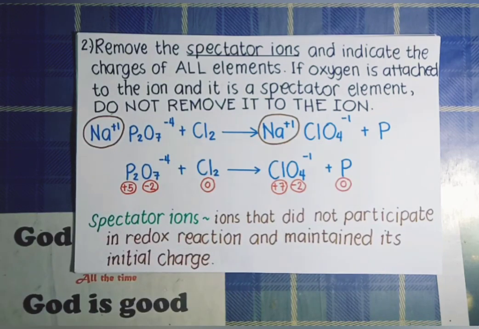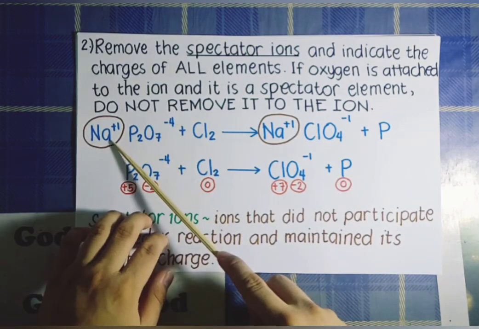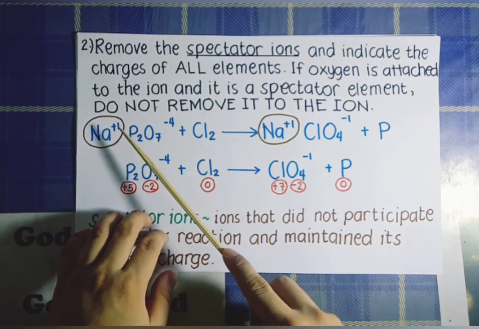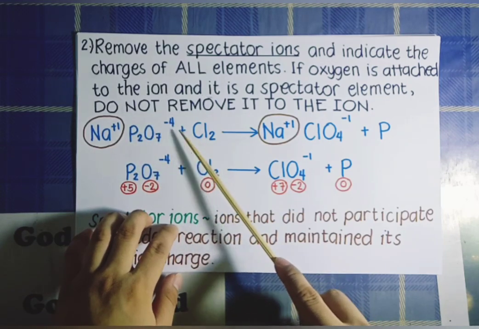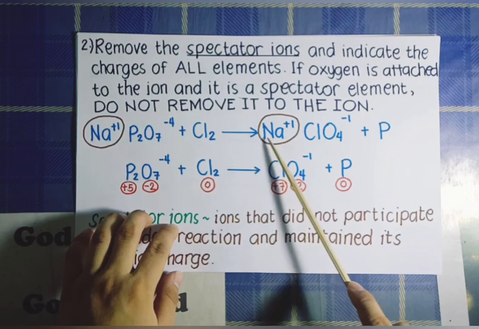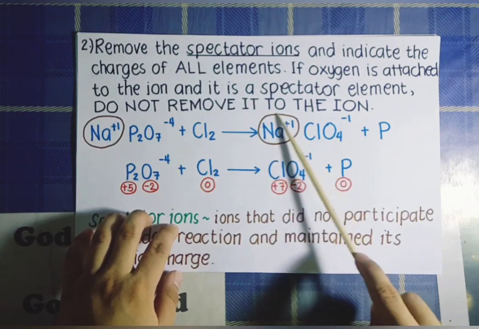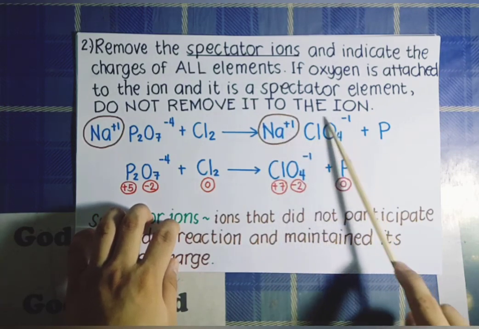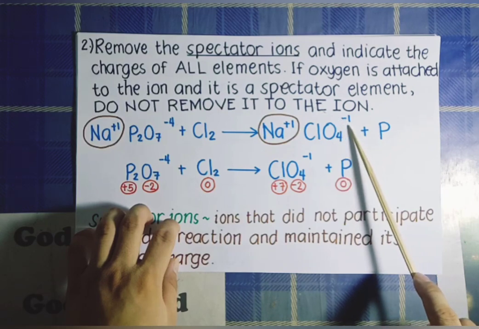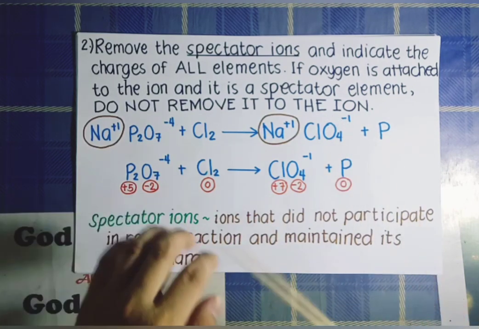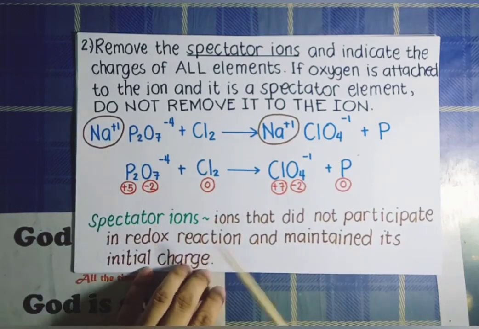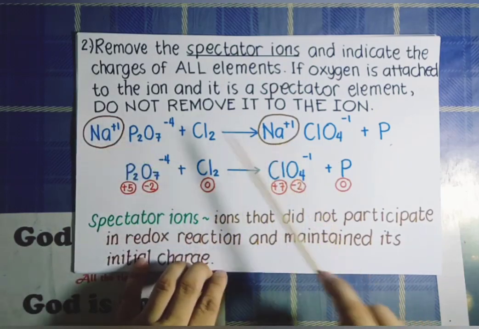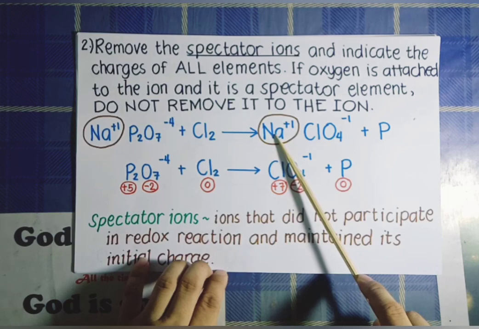Now, let's go back to our prior equation. We have sodium with a charge of positive 1, pyrophosphate ion with a charge of negative 4, plus chlorine gas will yield, again, sodium with a charge of positive 1, perchlorate ion with a charge of negative 1, plus phosphorus. As we can see, our sodium maintained its initial charge, and therefore, this is our spectator ion.